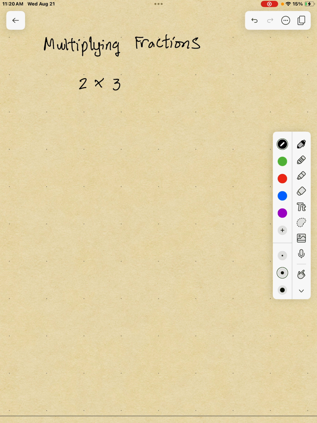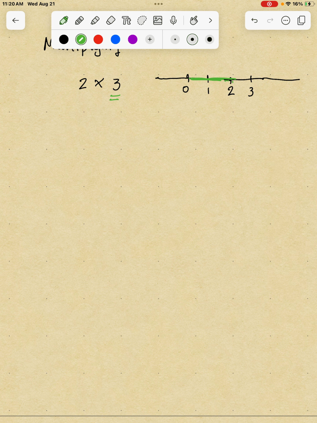there are lots of ways to represent it, but the way I'll represent it is you take 3, so here's the number line, 2, 3. So you start with 3, you take a segment of length 3, and then you add another segment of length 3 to the right of it.